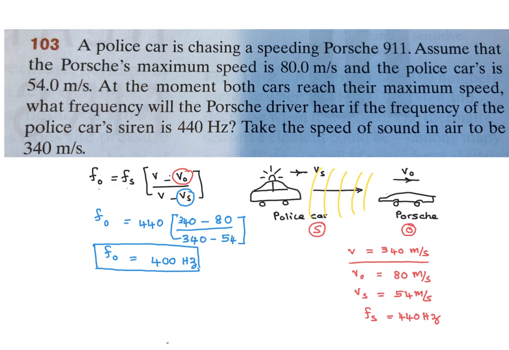In that case, the Porsche is the source and the police car is the observer.